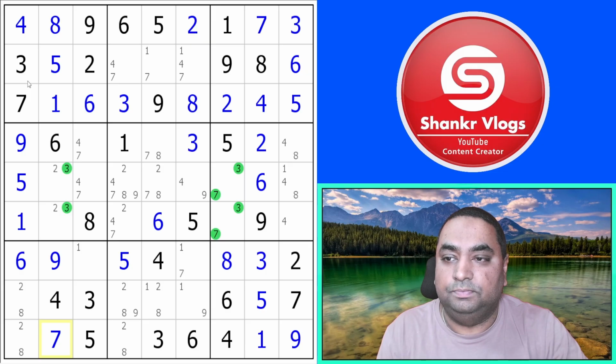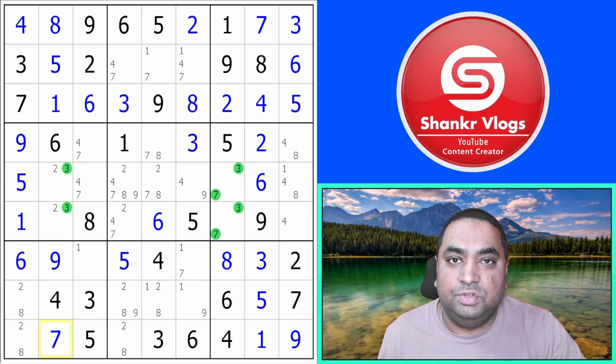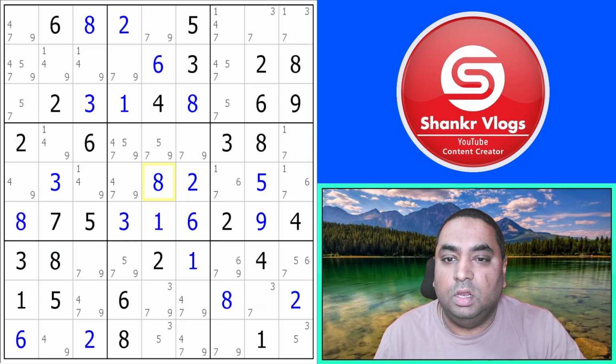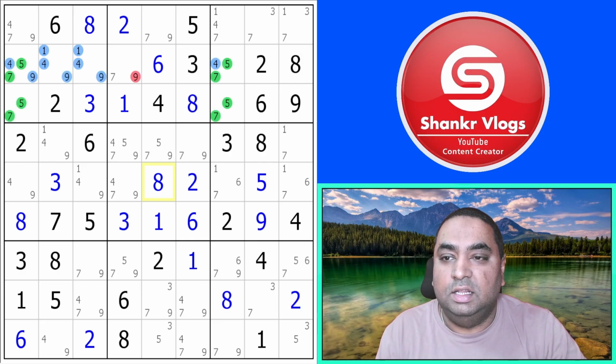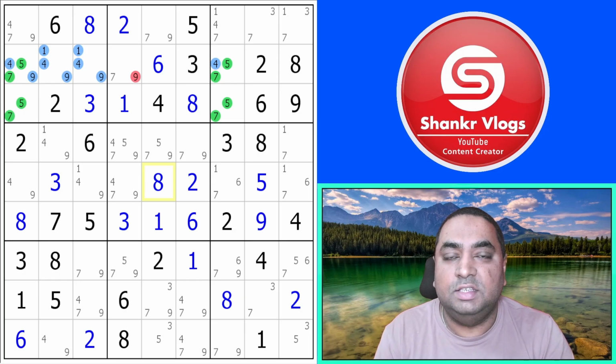unique rectangles. What is the concept of type 3, how is it identified, and how can we eliminate candidates using type 3 unique rectangles? Type 3 is simply an extension of unique rectangle type 2. Here additional candidates will be 2 or more, such that the 2 cells of the other non-diagonal set form a single unit.